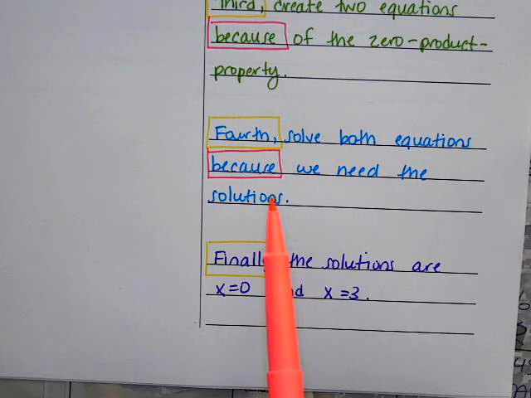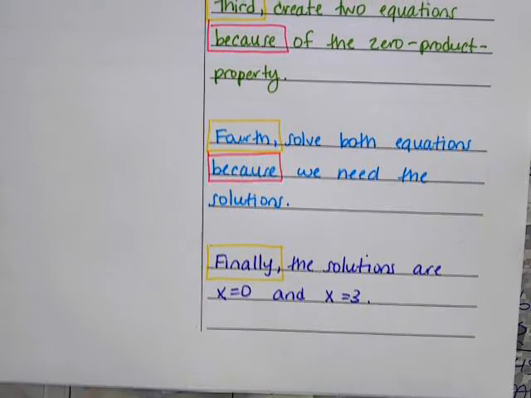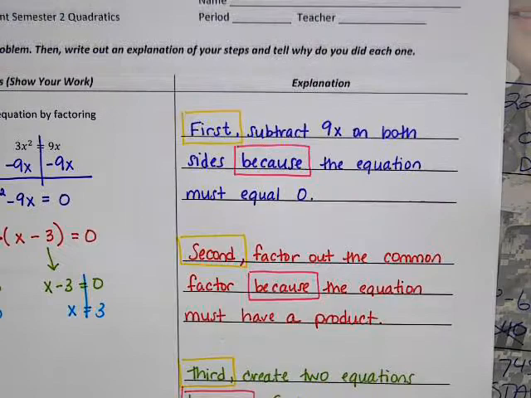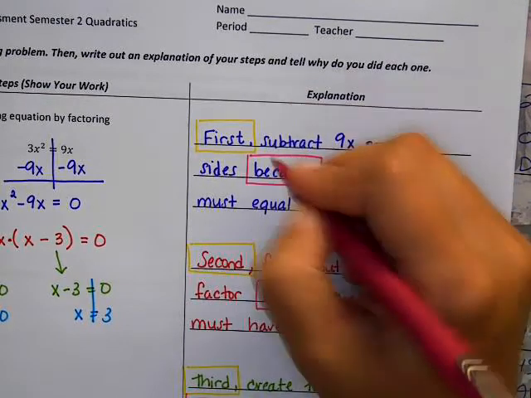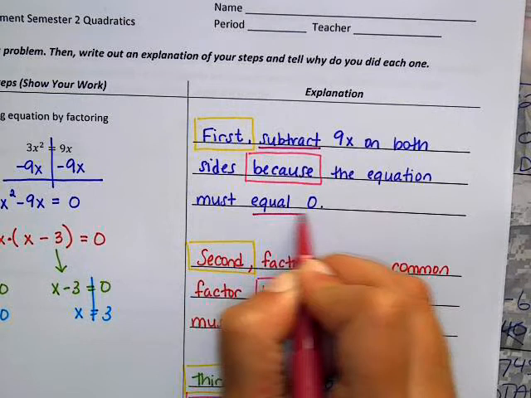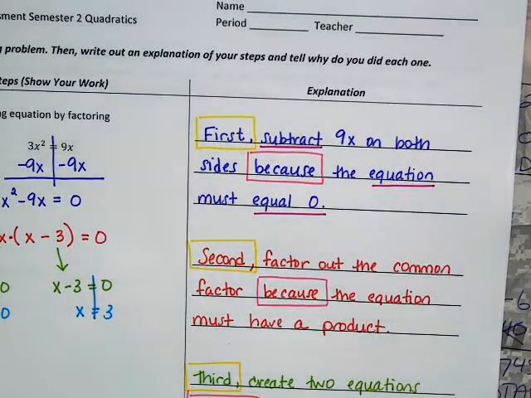And the reason for that is that the word because tells us this is why we did what we did. The last thing that we need to have in every single sentence is some key vocabulary words. So I'm going to go ahead and put a box around those. In the first sentence, some key vocabulary words, I'm just going to underline them, are subtract and equal 0 and equation.